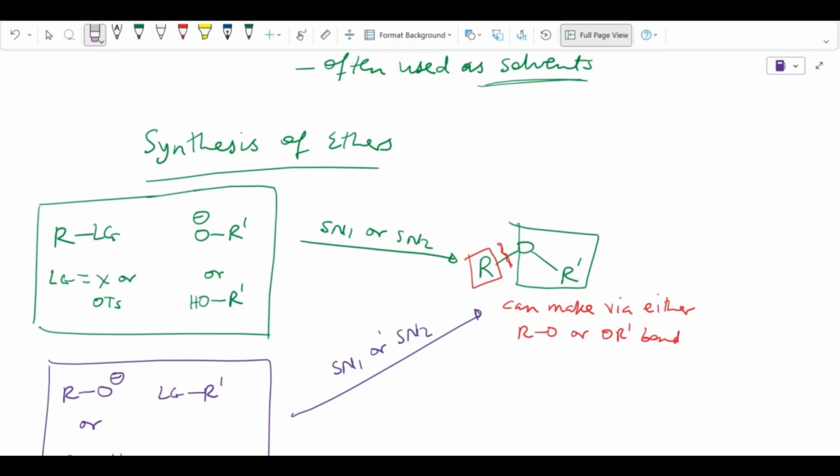So if you split this molecule into two at that junction, for the R group, what you can do is add a leaving group to it. Generally, you could use a halogen, any of the halogens such as chlorine, bromine, or iodine, or you can use OTs. You can convert it to tosylates.